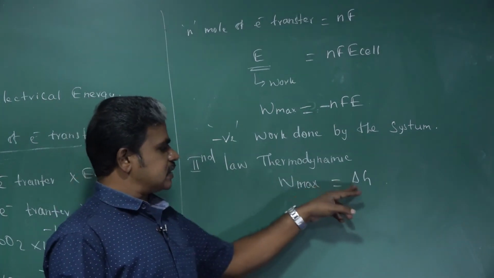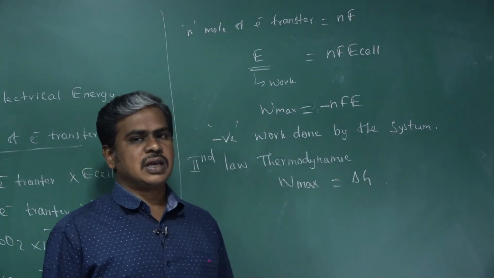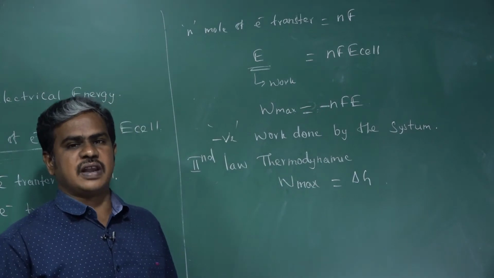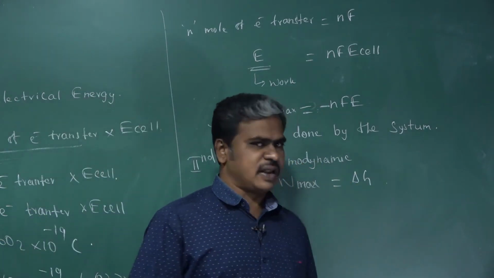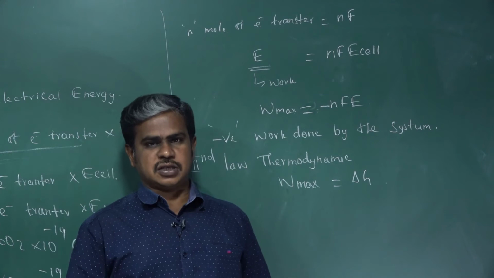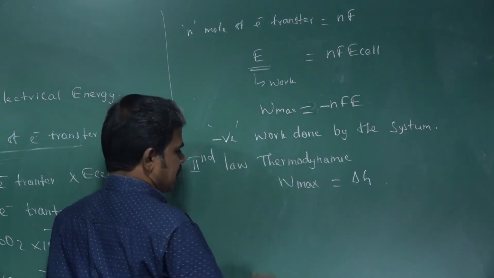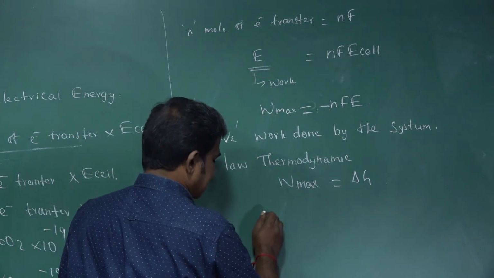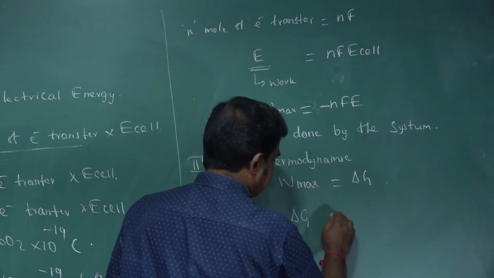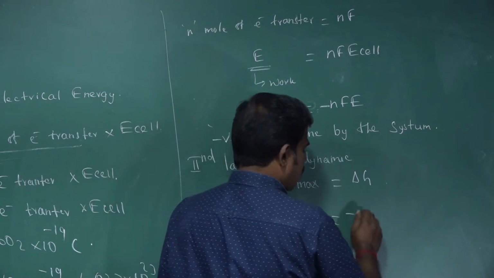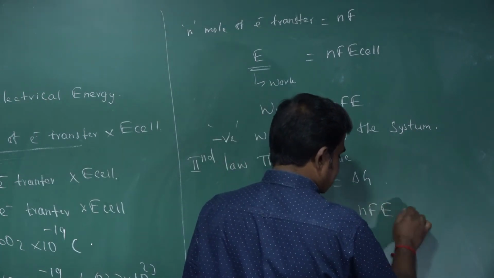Maximum work is equal to delta G, the Gibbs free energy. What is the Gibbs free energy? It is the available energy to do useful work. So we get delta G equal to minus nFE.